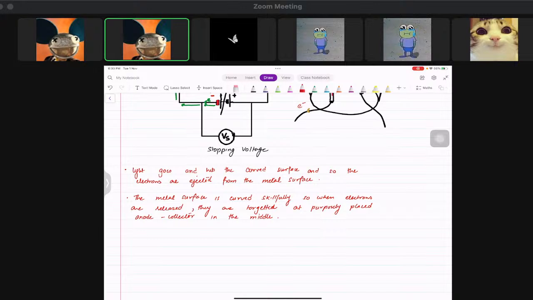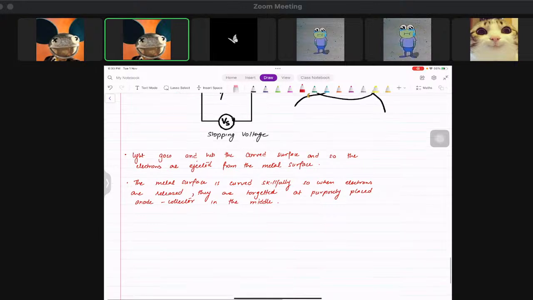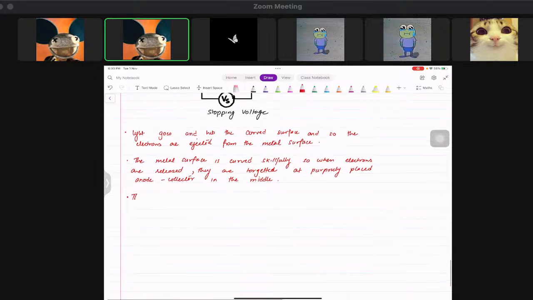Now, the next thing is the ammeter reading should always be 0. And how to keep that 0?